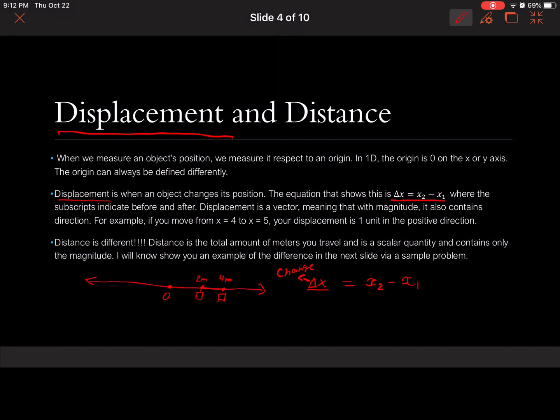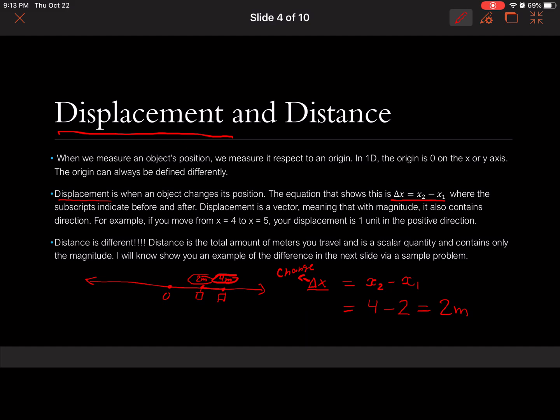So my final position is x coordinate 4, and the initial position is 2, so this would be 4 minus 2, so the displacement is 2 meters.